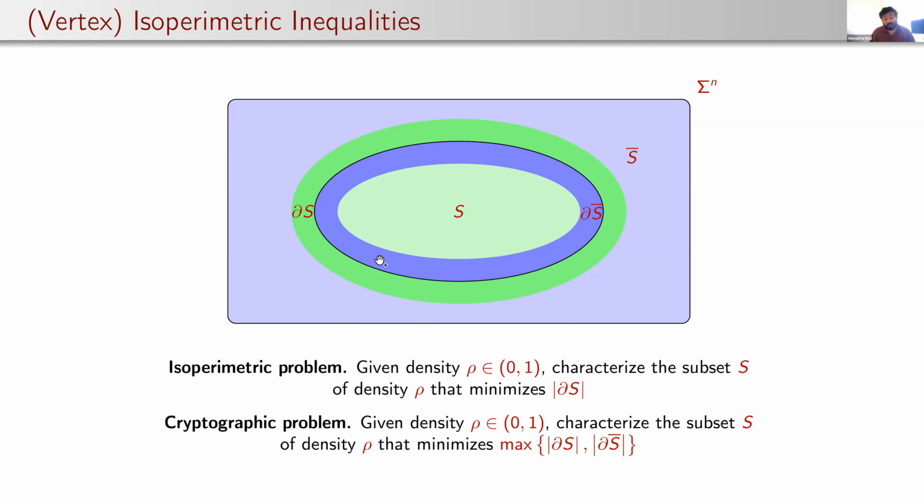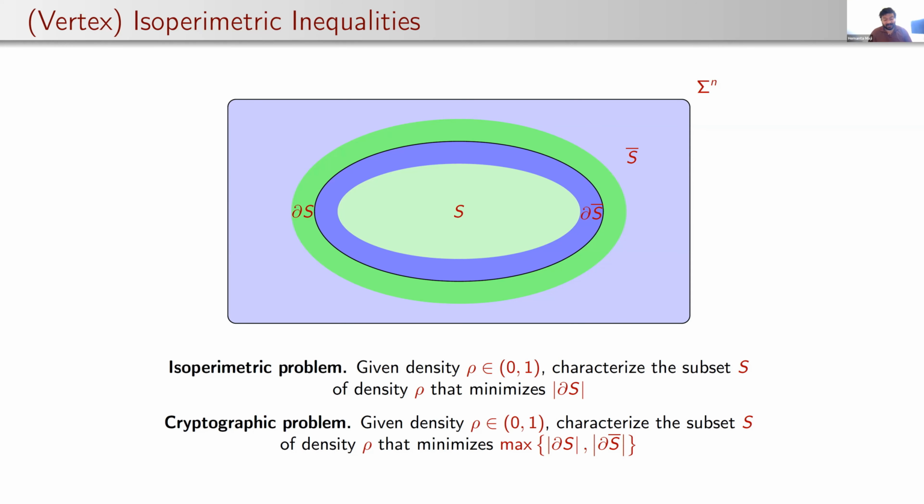So what we prove is that the maximum of these two perimeters, the inner and the outer perimeter, is well behaved even for large alphabets. We can prove that this maximum has density 1 by square root n, irrespective of the size of the alphabet.